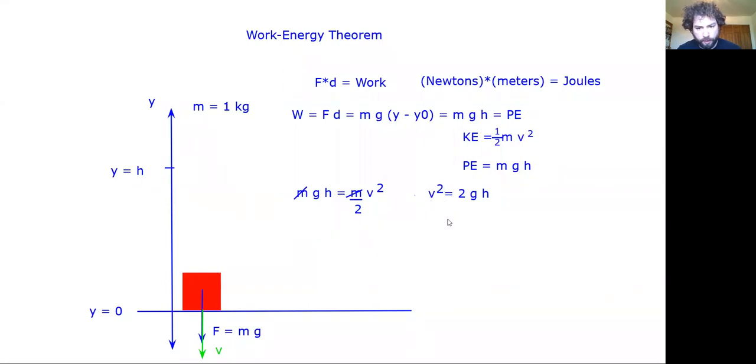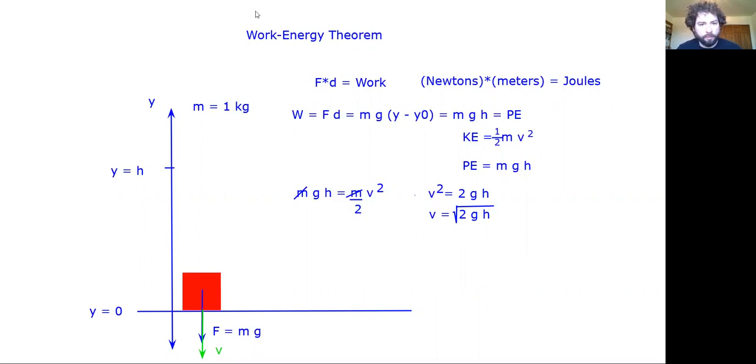And then we just square root that. You'll use this equation, 2gh, a lot in your homework. And we square root that. All right, and that's basically our equation for the velocity.